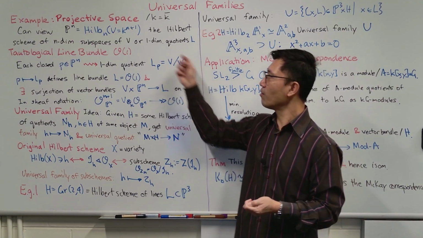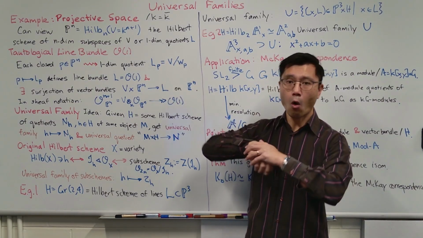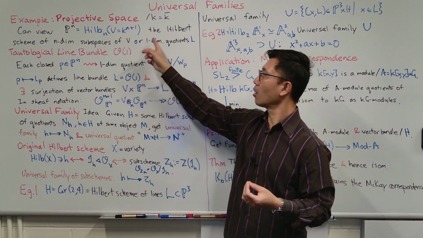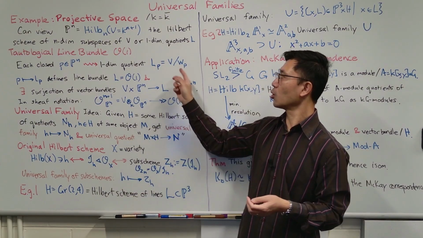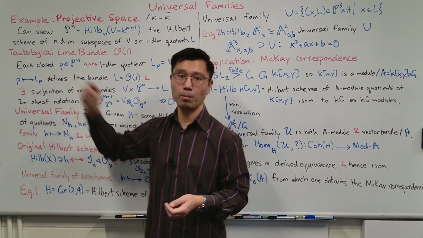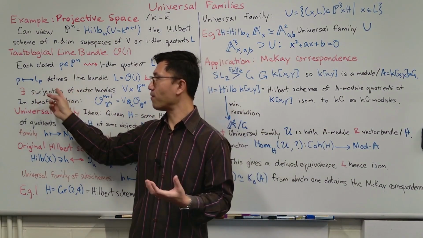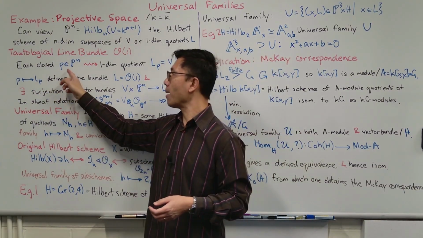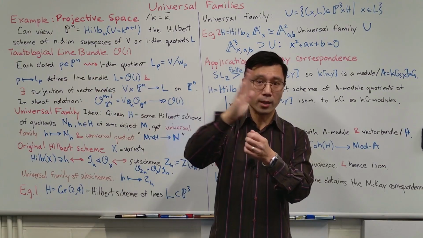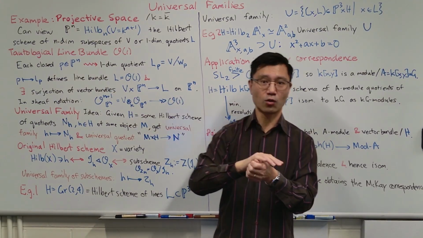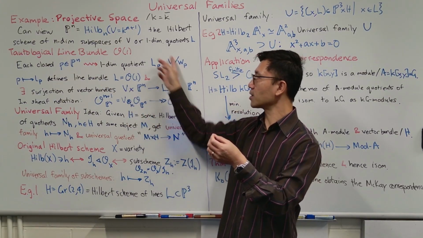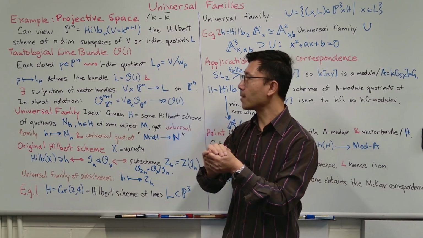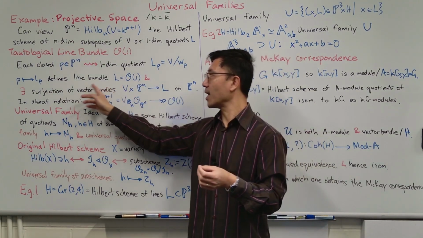So basically the universal family is looking at all of these quotients, okay? So you want to look at the family of all of these LPs. And you want to think of this, of course, as a function from P to LP. Okay, so for every point P on Pn, you have this one-dimensional vector space. And of course, this will also vary smoothly, so you get a line bundle.